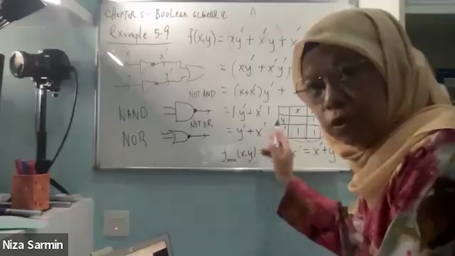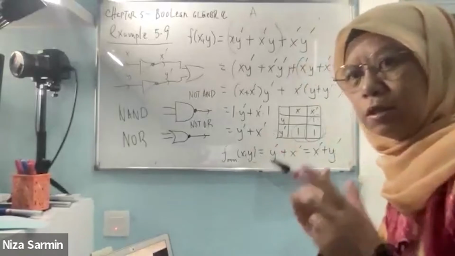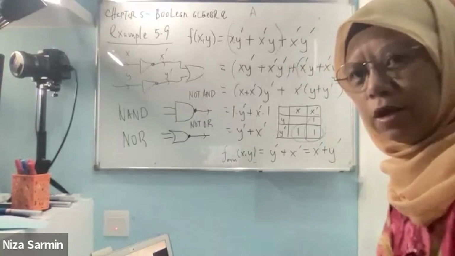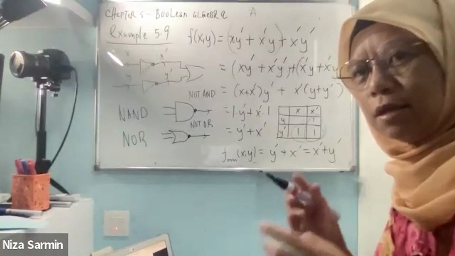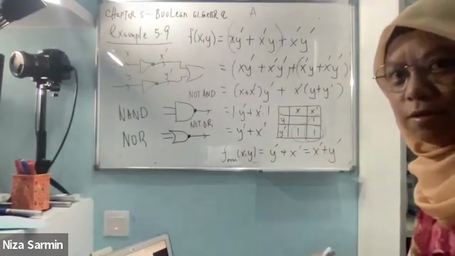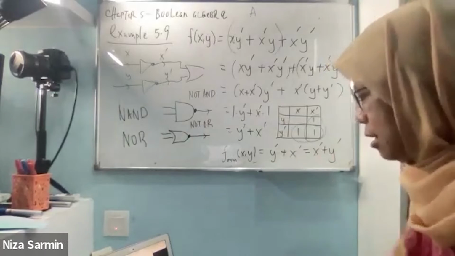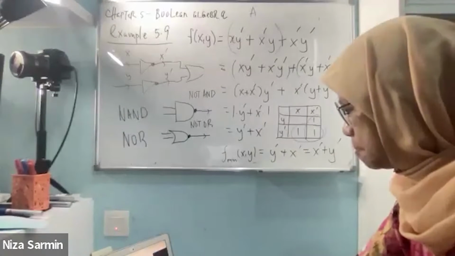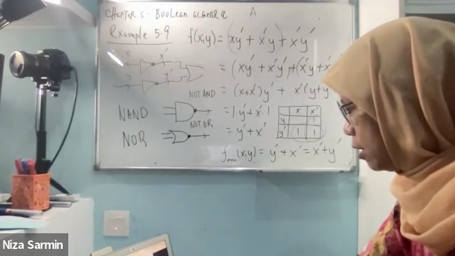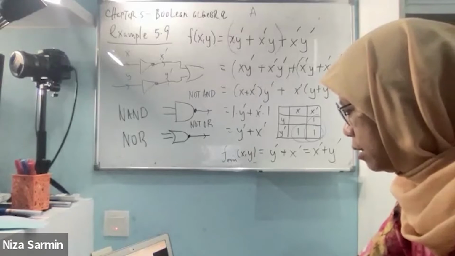So the truth table is just taking the and then the not. Okay, you can look at the notes. Taking the or and then taking the not. Right? It's just add another column. Okay. You can look at some examples of that one.